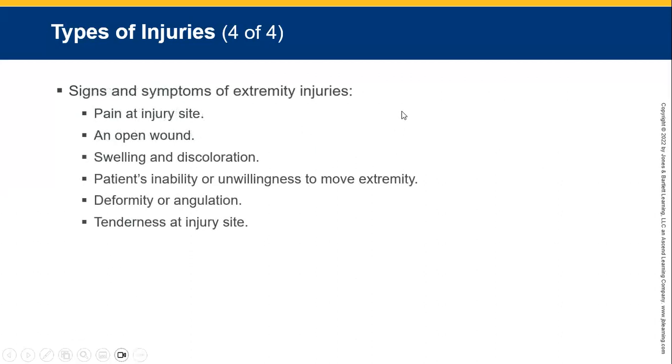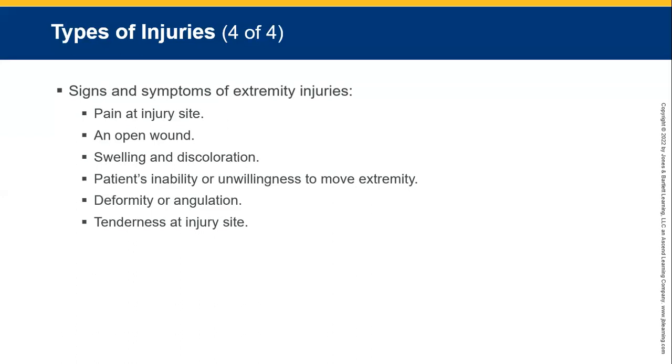Signs and symptoms of extremity injuries is always going to be pain at the site. One would never be going amiss if you used the acronym DOTS when looking for these kinds of injuries. Pain, open wounds, swelling, discoloration, maybe bruising, the patient's inability or unwillingness to move the extremity because it's sore, deformity or angulation.